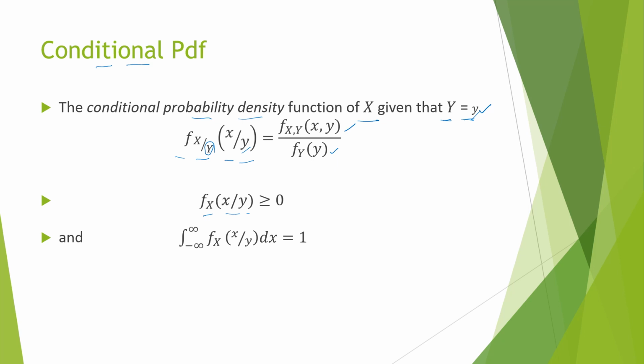Suppose I want fY(y|x), how do we write it? It is again fXY(x,y), the joint PDF, and in this case it is divided by fX(x), if you can see the difference.